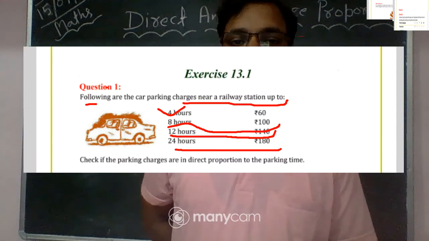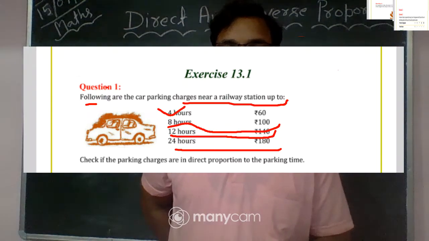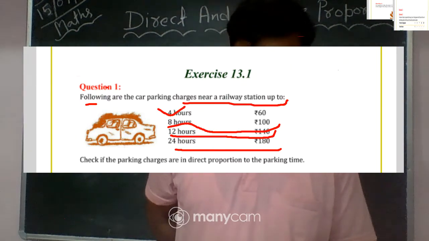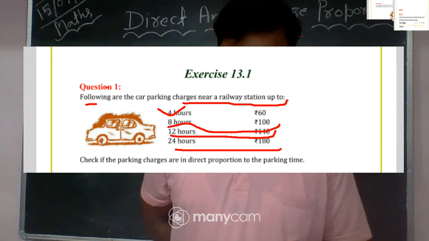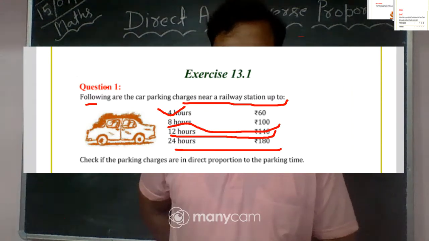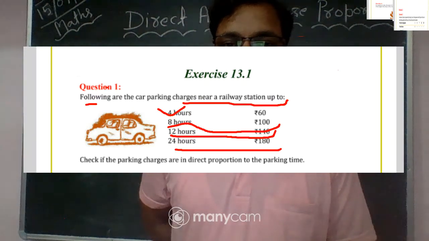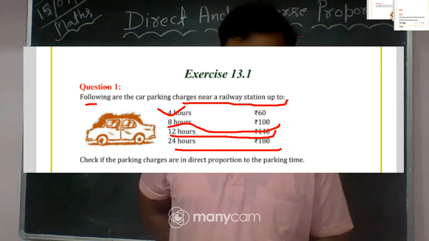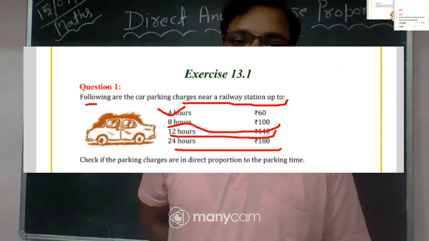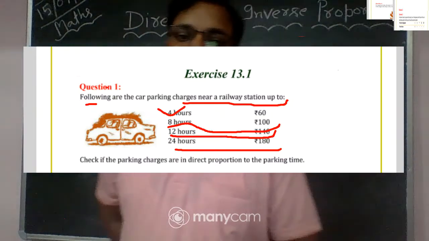Okay, and second, charge per hour: 8 hours is 100 rupees. So 1 hour charge is 100 by 8, this is equal to 12.5 rupees. Next, 12 hours, 140 rupees. What is the charge per hour? 140 by 12, this is equal to 11.67 rupees. And the last, for 24 hours the charge is 180 rupees.